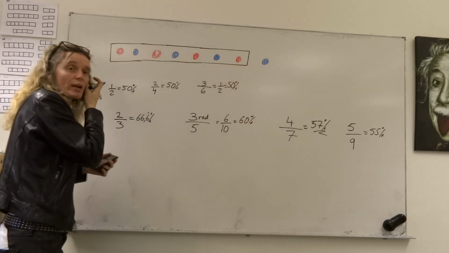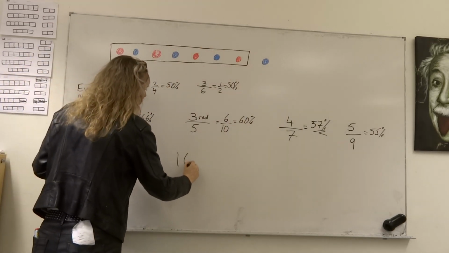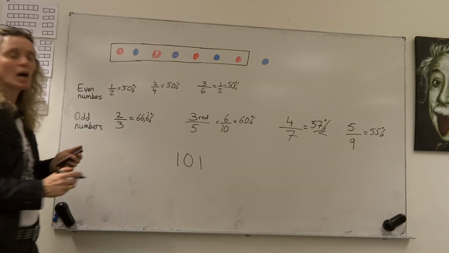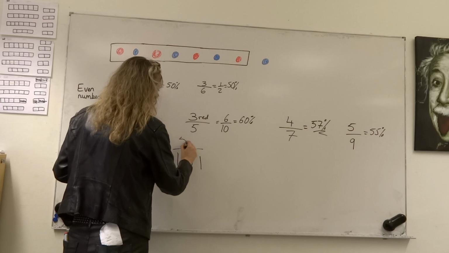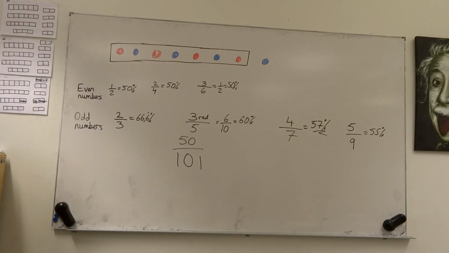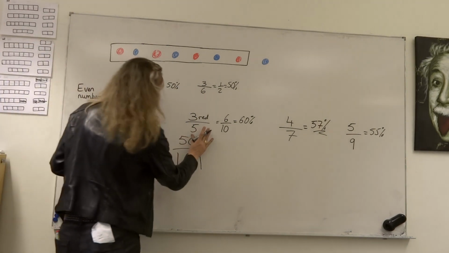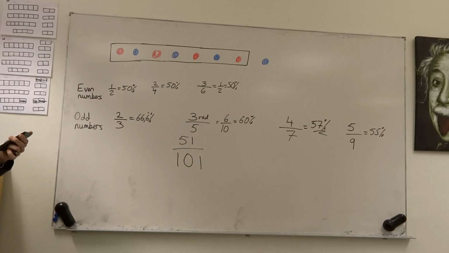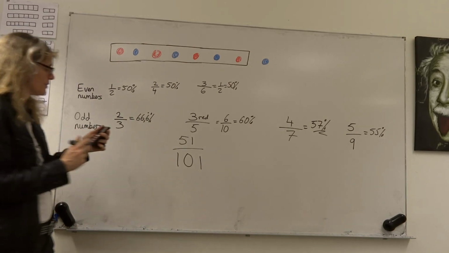What would happen if we got 101 marbles? 101 marbles, 50 of them would be red. No, there'd be one more red, sorry. I'm thinking of 51 of them would be red. So 51 divided by 101 times 100.